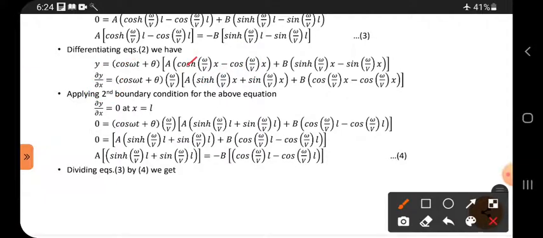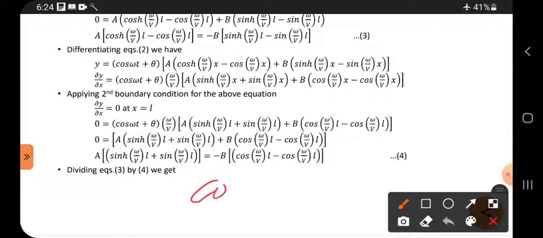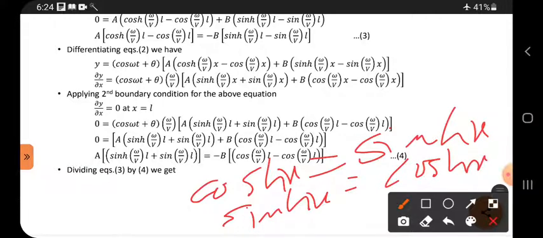One thing here we have to remember: the differentiation of cos hyperbolic is always sine hyperbolic, sinh x only. The differentiation of sinh x is cosh x, so you cannot get any minus, only a plus term.